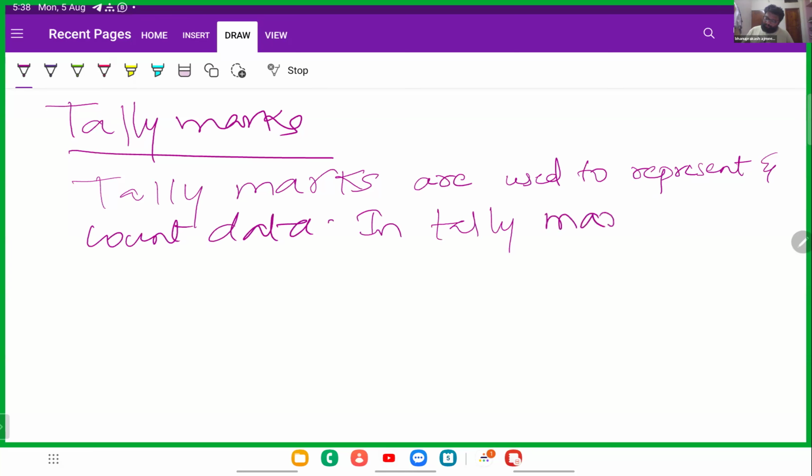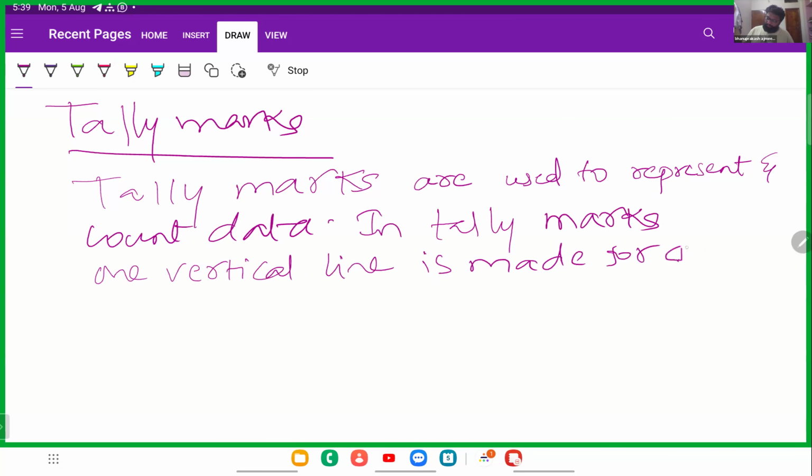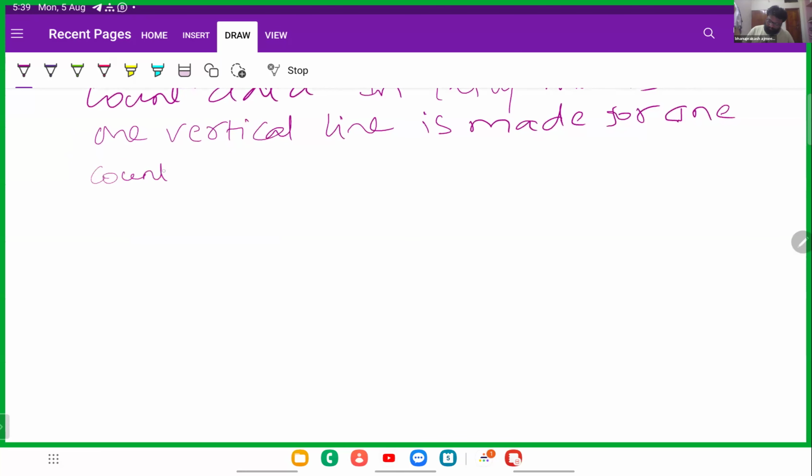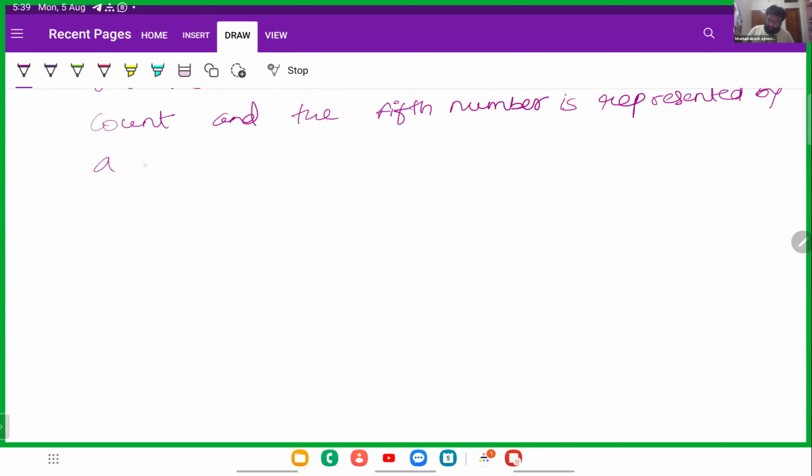In tally marks, one vertical line is made for one count, and the fifth number is represented by a diagonal line.